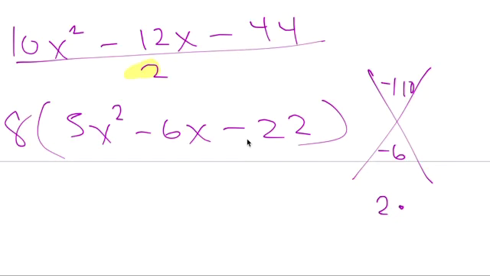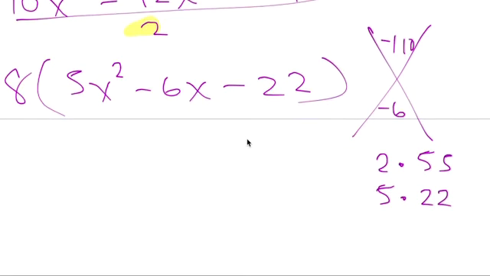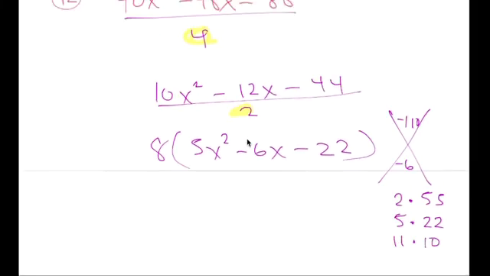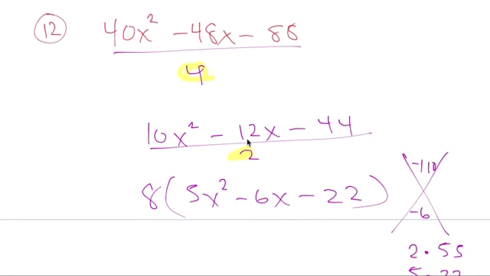So 2 times 55, not going to work. 3 doesn't work. 4, 8, no. 9, no. 5, and 22. 6, 7, 8. 8 doesn't work. 11 and 10. I must have done something wrong. Go back and check it.